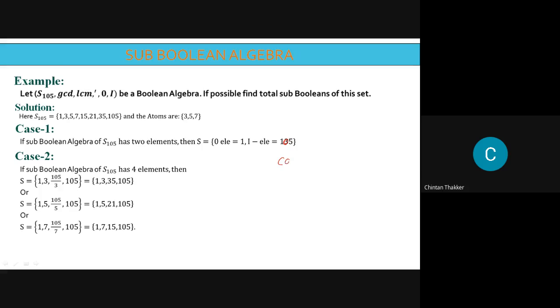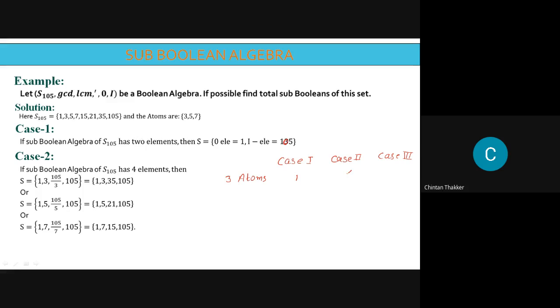See, case 1, case 2, case 3. If we have three atoms, then in case 1 we get one sub-Boolean algebra.